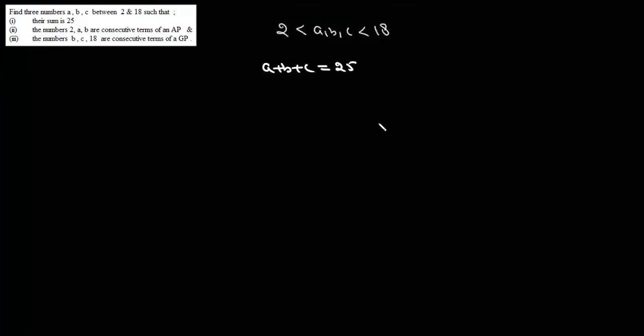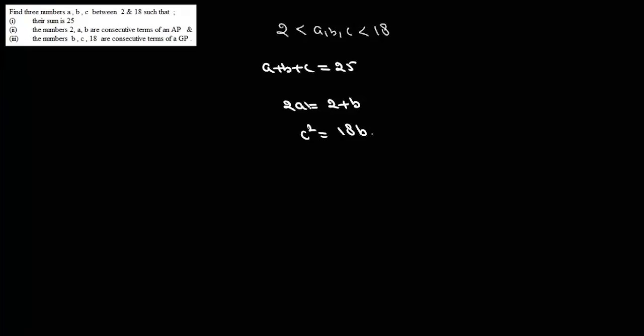And then it says the numbers 2A and B are consecutive terms of an AP. So that means 2A equals 2 plus B. And then it says B, C and 18 are consecutive terms of a GP. So that means C square equals 18B.